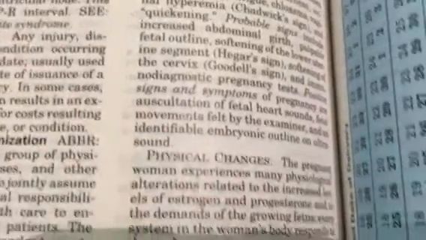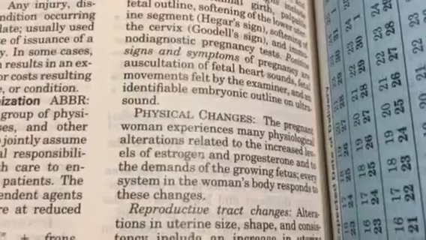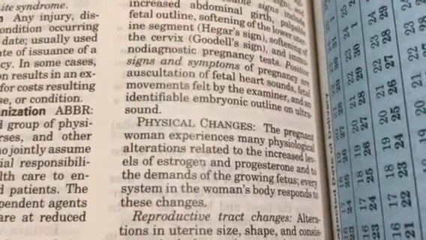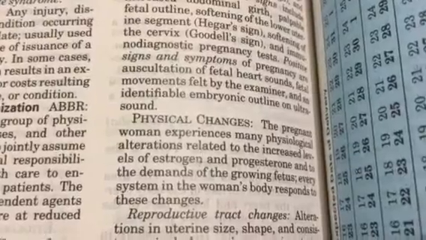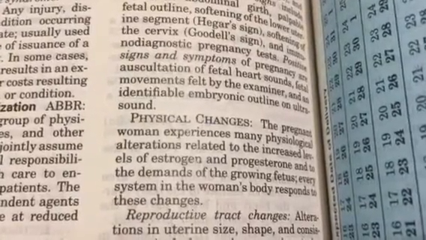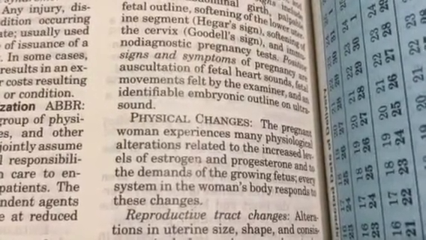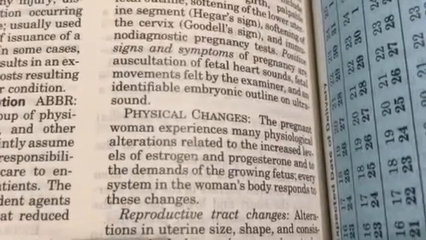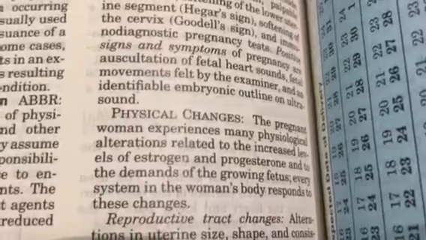Positive signs and symptoms of pregnancy are auscultation of fetal heart sounds, fetal movements felt by the examiner, and an identifiable embryonic outline on ultrasound.